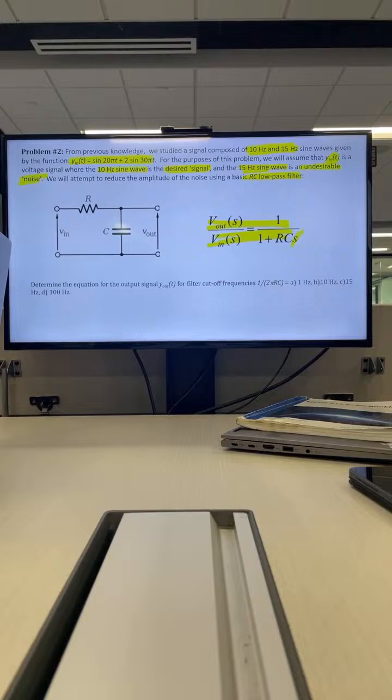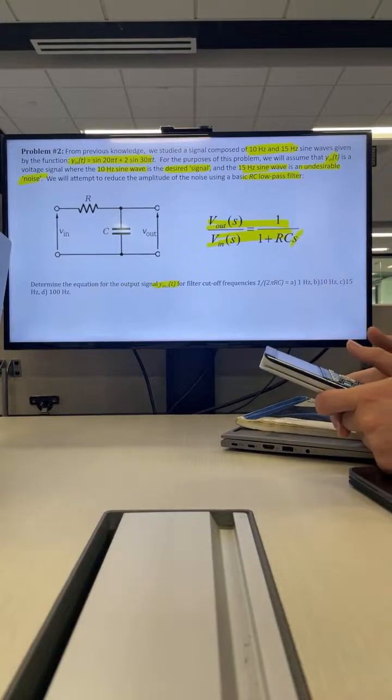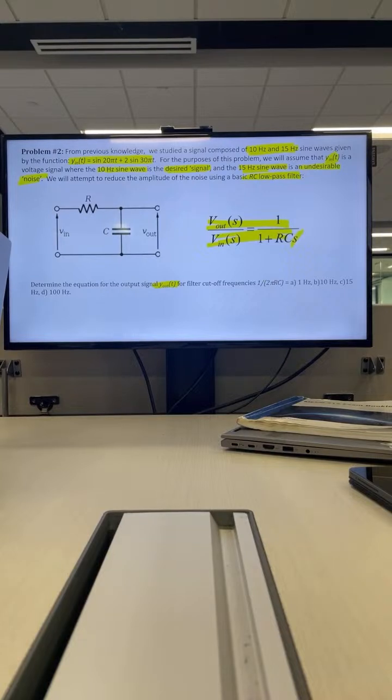Now determine the equation for the output signal y out for different cutoff frequencies. The cutoff frequency is given by 1 by 2 pi RC, for 1 hertz, 10 hertz, 15 hertz, and 100 hertz, and you have to compare.